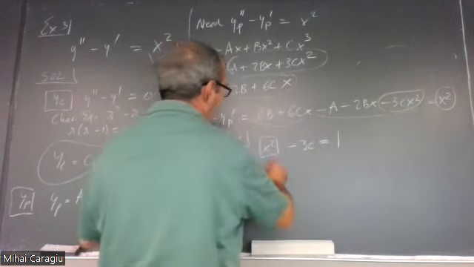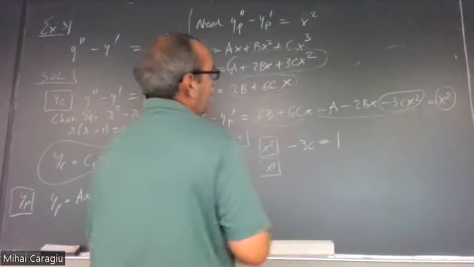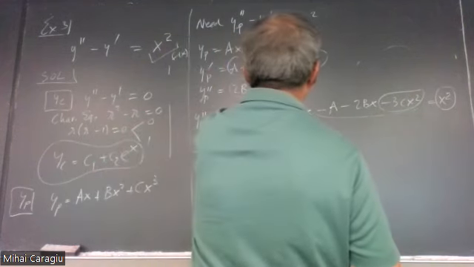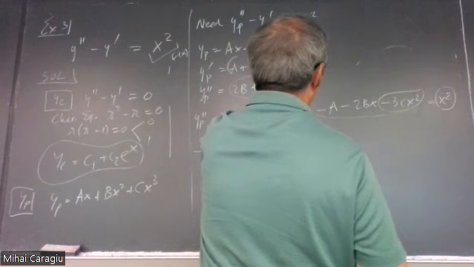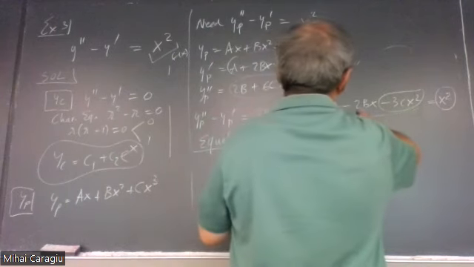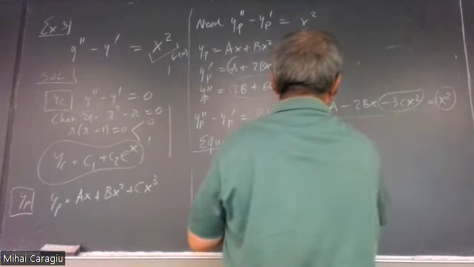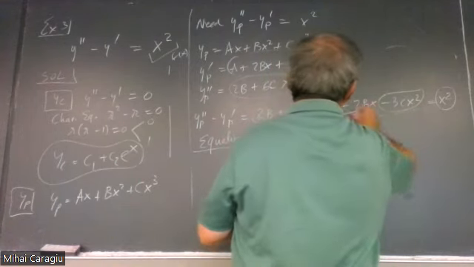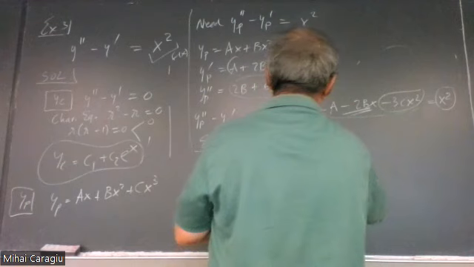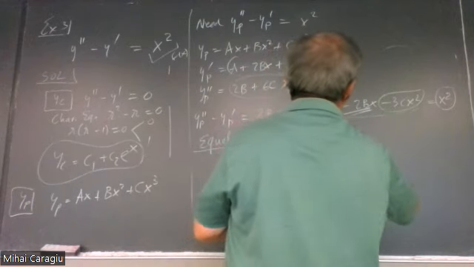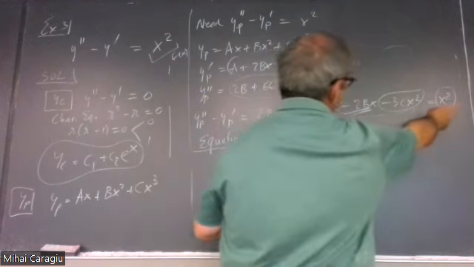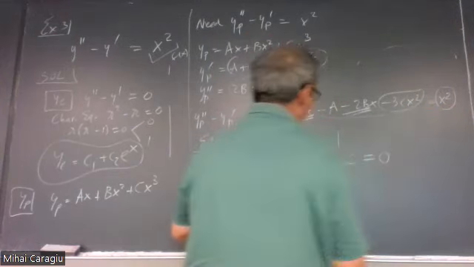Okay, let's equalize the x to the power 1. Coefficient of x to the power 1 to the left: minus 2b plus 6c equals, there is no x to the right, 0.